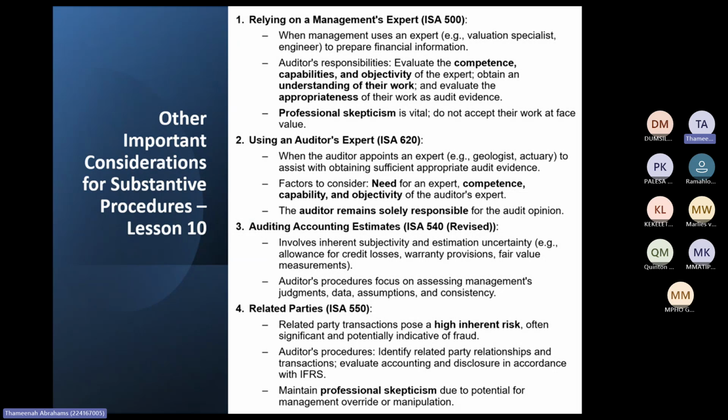What you can do is, of course, with the agreement of your client, you can then get your own expert. It's called the auditor's expert. So then the auditor will get their own valuator to come and value the property, for example. So that's the difference between the two here. So management gets their own expert to evaluate the property, whereas the auditor will then just make sure that this property is the value. That's how it works if you can't rely on the management expert.